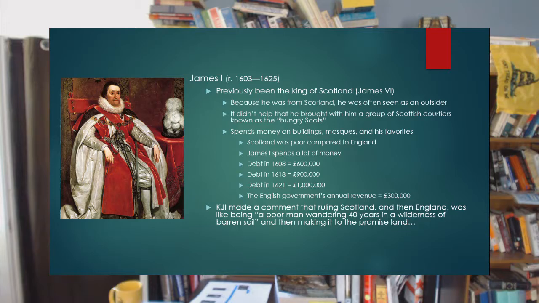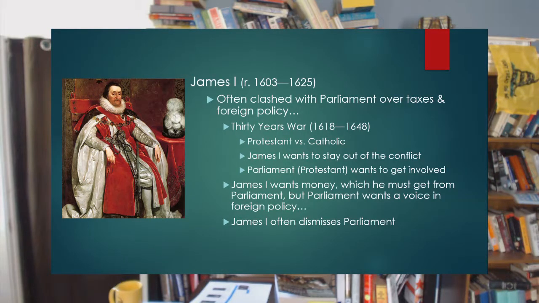You can see on slide 10 that the debt England incurred really shot up under James I. James I made a comment that ruling Scotland and then going to England was like being in the wilderness for 40 years, a wilderness of barren soil, and then you make it to the promised land, England, because it seems really rich compared to Scotland.